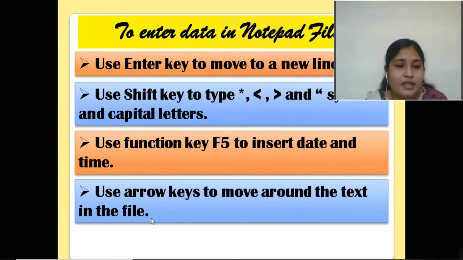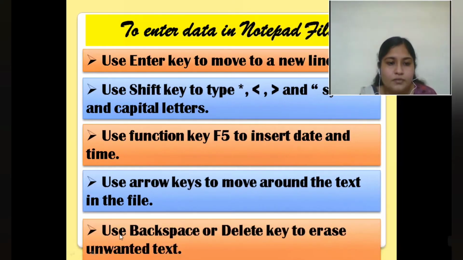Then use the Backspace or Delete key to erase unwanted text. We can use these two keys if we don't want the text, if the text we typed by mistake is wrong.